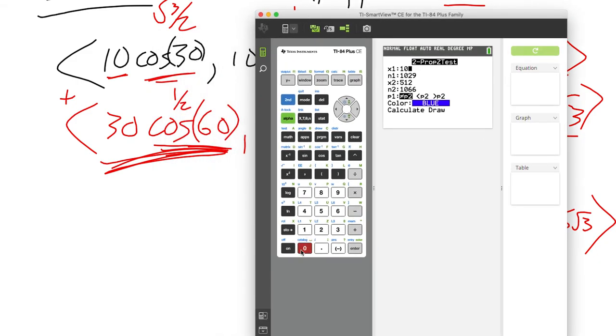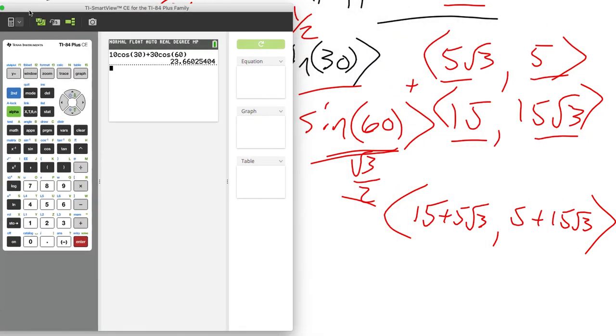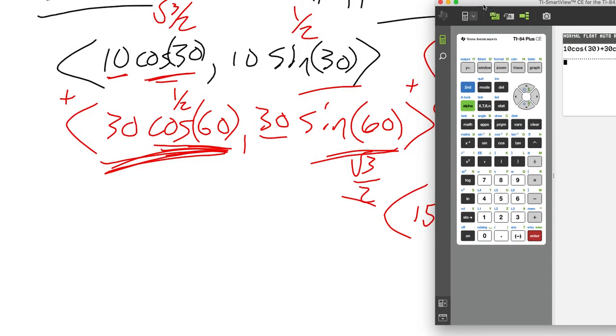So 10 cosine 30 plus 30 cosine 60. Okay, so that would be my x component, 23.66. To get my y component, I'm just going to add 10 sine of 30 plus 30 sine of 60.